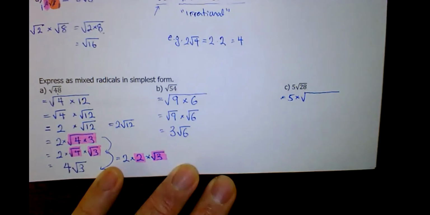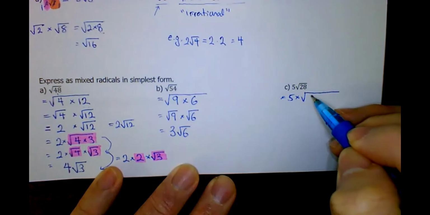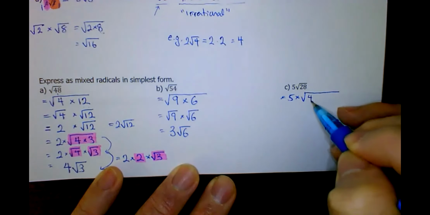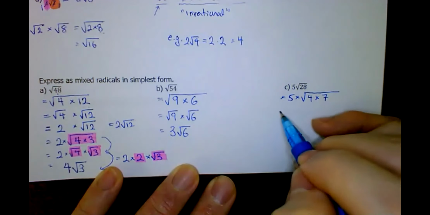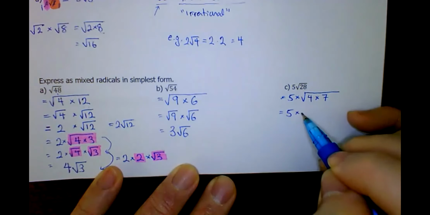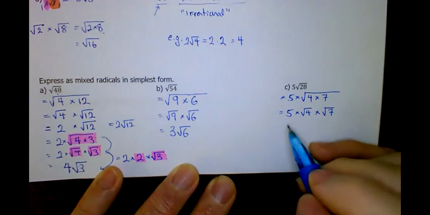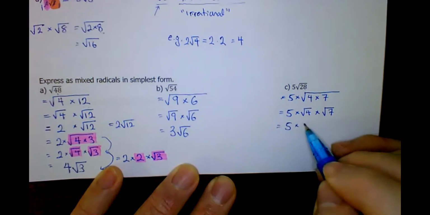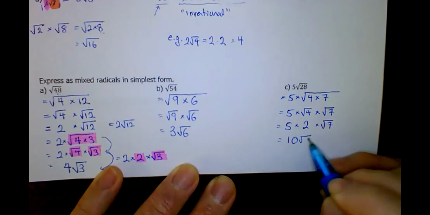Yes. 2 numbers, please. 4 times 9. Sorry, 4 times 7. Good, thank you. So that is 5 root 4 times 7. So I'm going to rewrite it as, there you go.